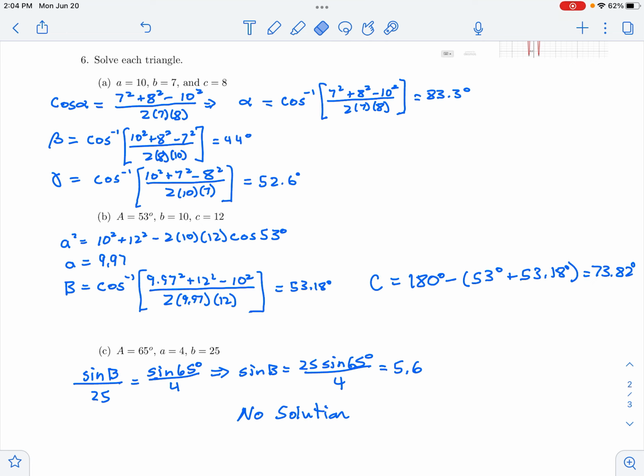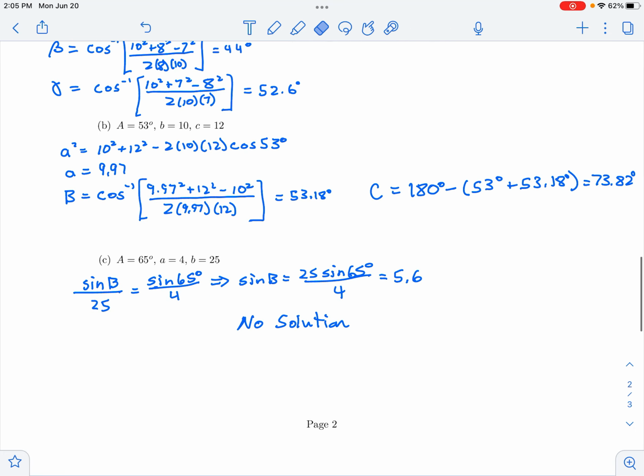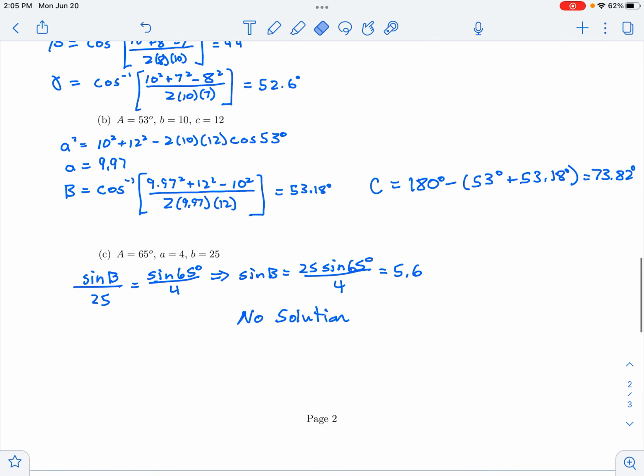So I'm going to find alpha, beta, and gamma here. Okay, so just very straightforward using the formula. That's all there is to it. Now, once you find two of those, you could do 180 minus the sum of those two and get the other.